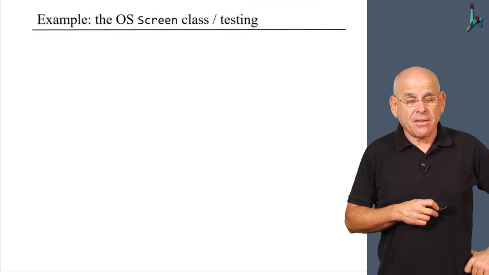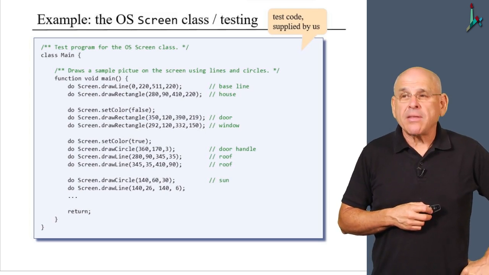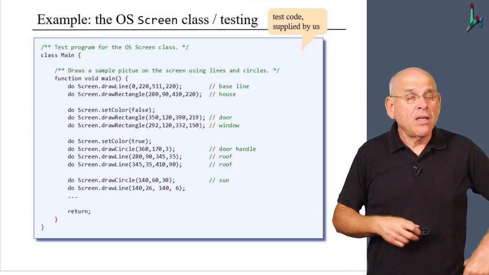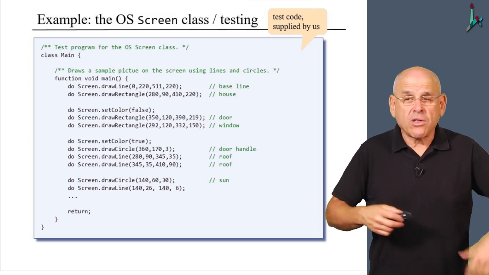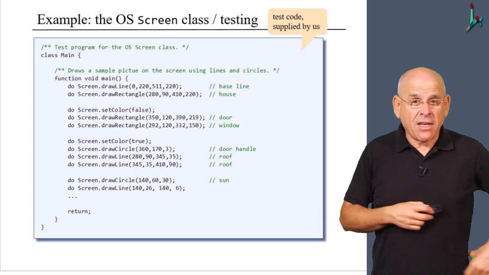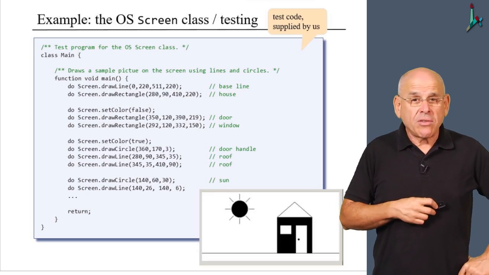What about testing it? Well, we're going to supply a test file. And the name of this test file is going to be main.jack. And as you see, the test file calls all sorts of methods in the screen class. And if you run this directory on the VM emulator, then here's what you'll get to see.